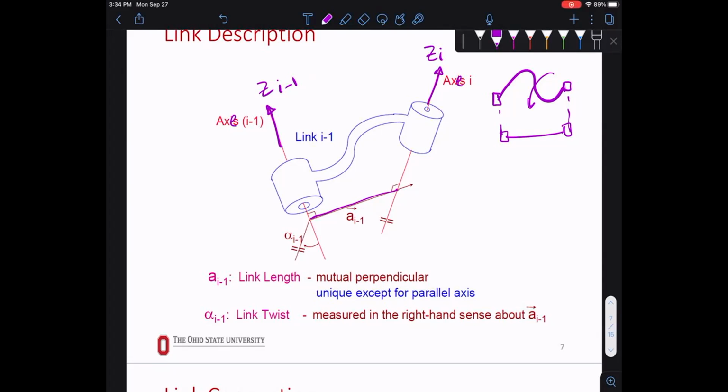If these two are on top of each other, you're going to find how much this rotated, going from parallel to whatever this number is. And since we are defining x, we are going to get the x in this direction. Then this will make sense, right? And this will be the angle. So that's your alpha i, the twist between the two links. When we say link, we basically are talking about the joint axis that link is connected to.